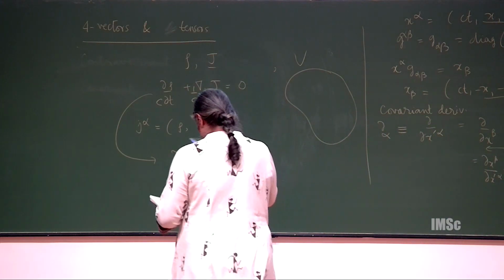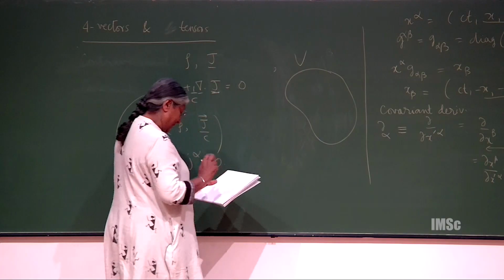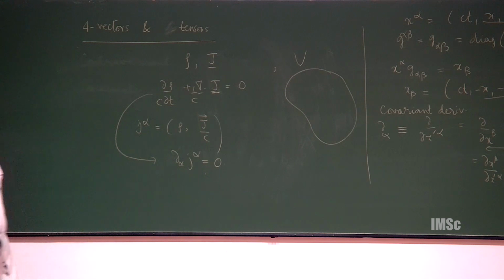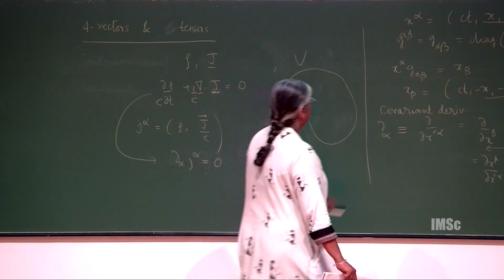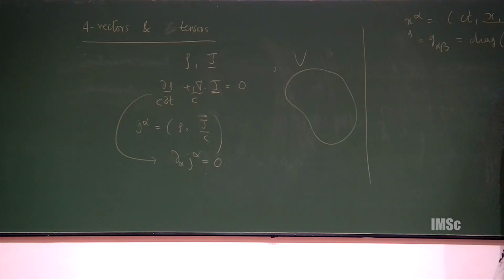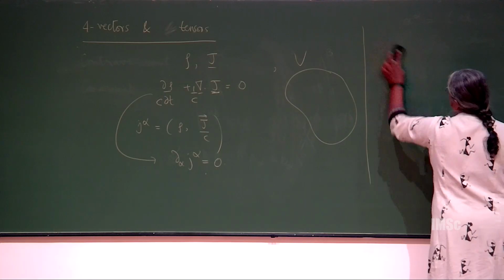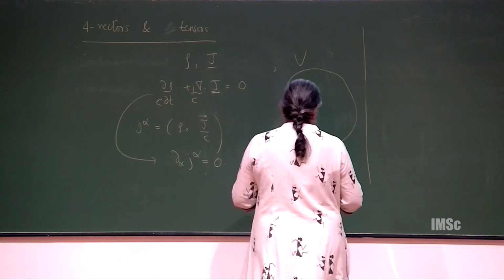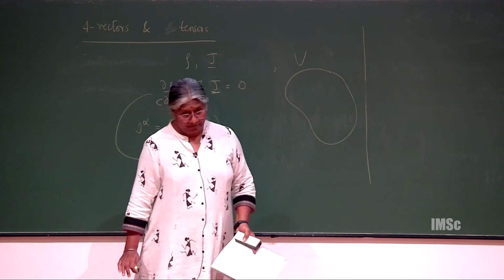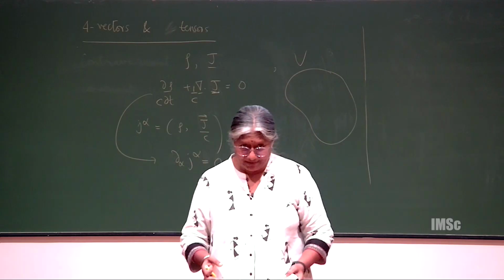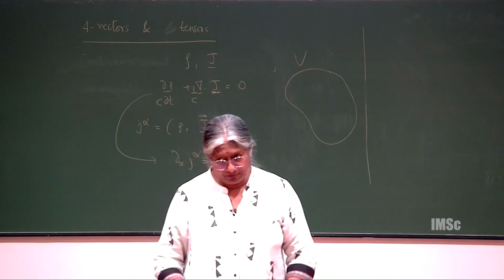So this is one thing I wanted to tell you, that you have to be a little careful with del. The other thing I want to tell you is something that I will use. It is a little bit mathematical right now, but as I said, I'll need it a little later, so I might as well do it when I'm talking about Lorentz transformations. We are now writing some x prime in terms of x, and x prime is a 4 vector, x is a 4 vector.